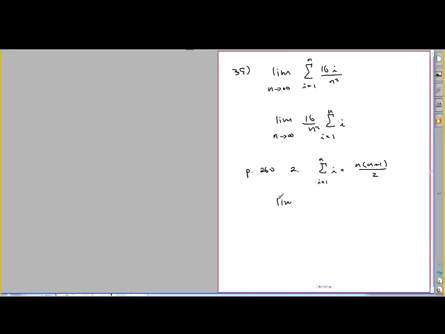So now the original limit becomes 16 over n squared times the summation. In terms of n, it's n times n plus 1 over 2. What we do is just like in the previous problem, we multiply this thing out. We're going to have 2 terms.